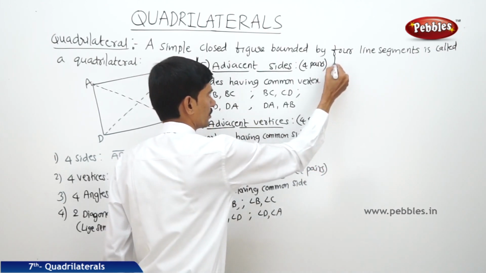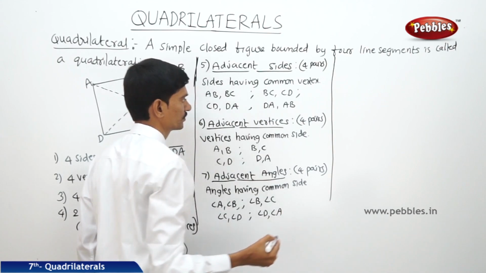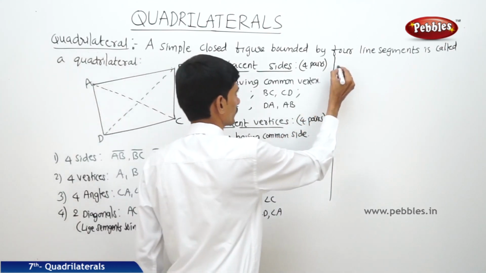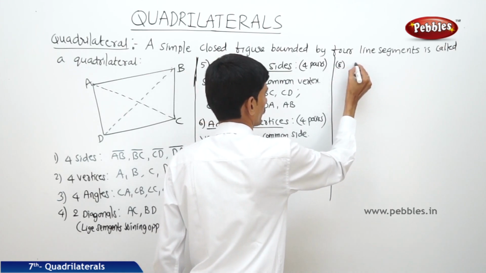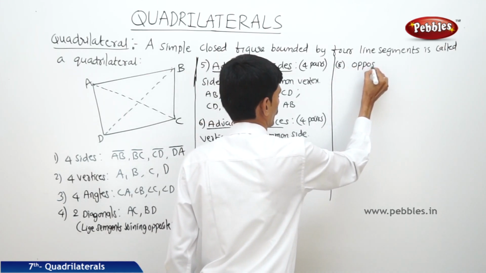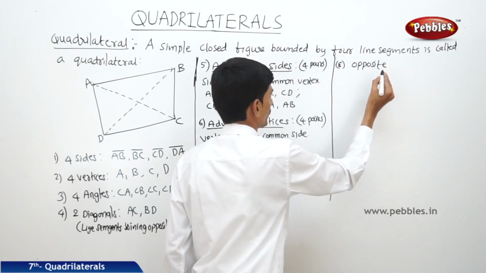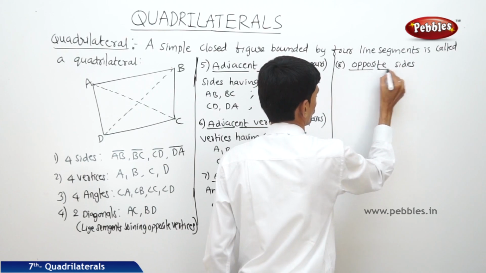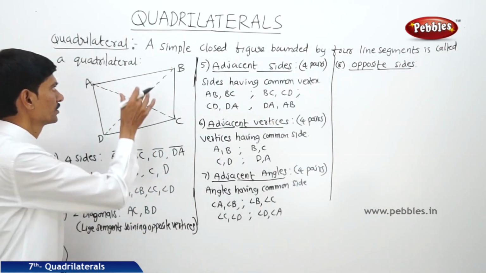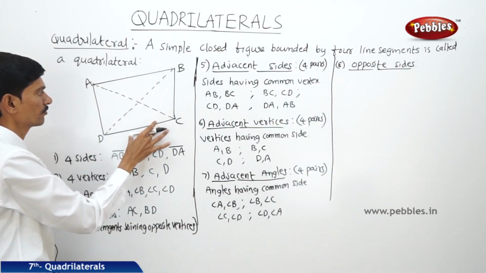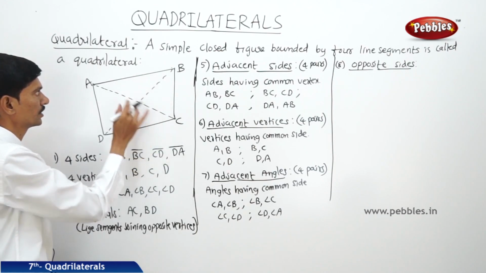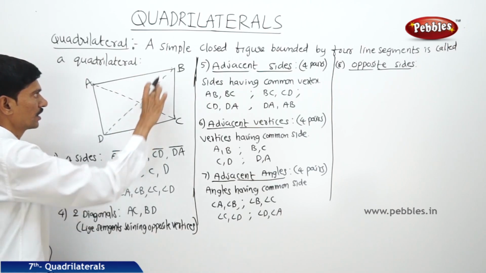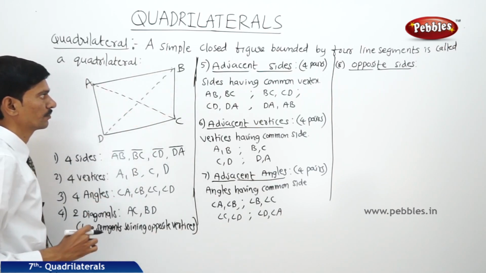Now let us write the opposite sides, opposite vertices and also opposite angles. Opposite sides: the two sides without a common vertex are known as the opposite sides. So here AB and DC are opposite sides, and BC, AD are also opposite sides.